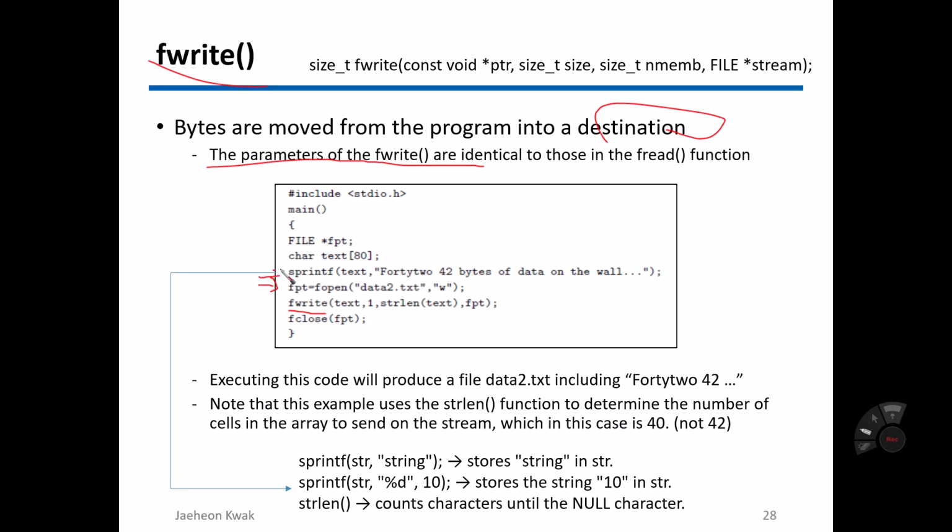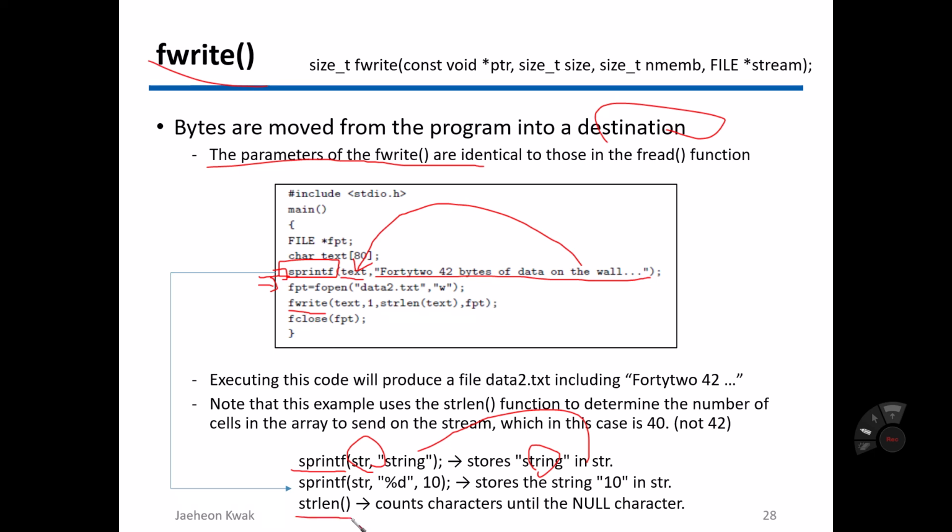And here, we can see another function. This fprintf is just storing a string into the destination, so this string will be stored in the text variable.